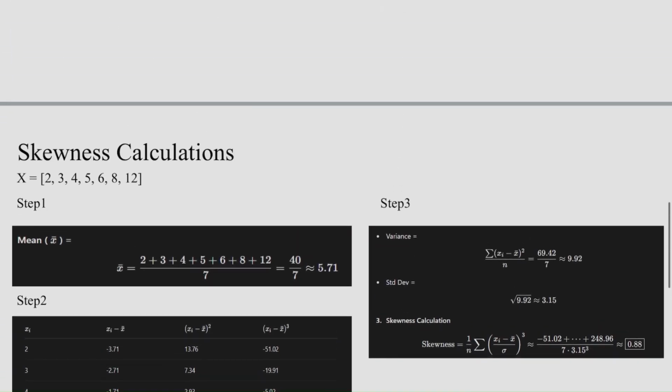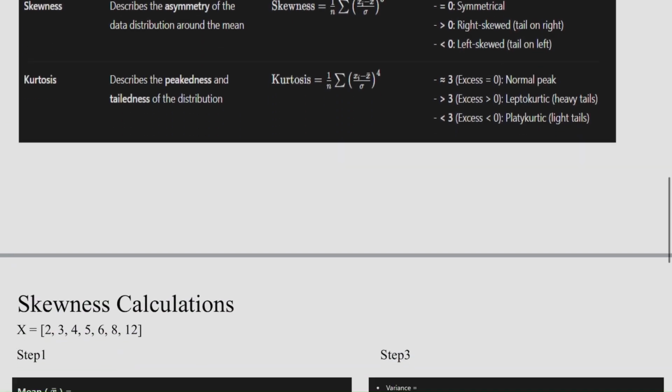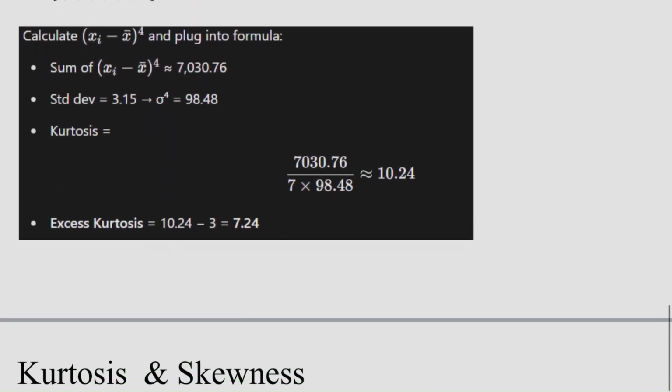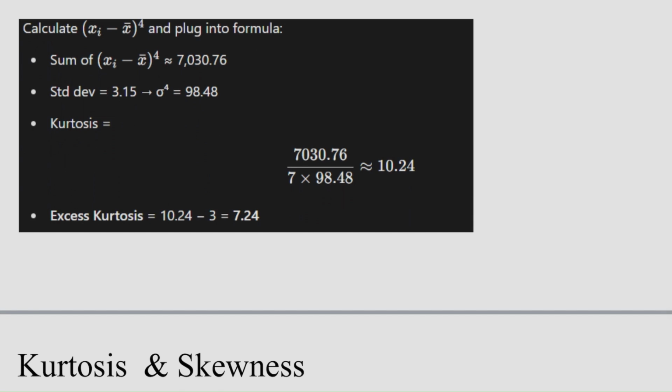Again, the formula is there with us, and again we calculate. I just took a snapshot of the calculations that I made, so that we save some time doing all these complex calculations. I got the standard deviation as 98.48 for our data, and when I calculated the kurtosis, I got 10.24.